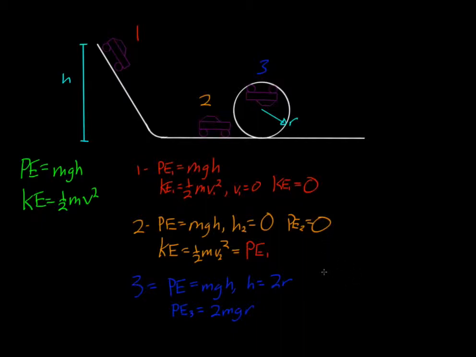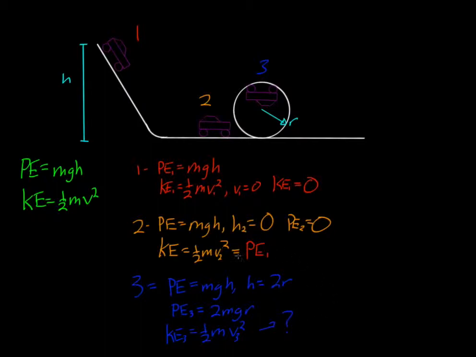Your kinetic energy at point 3 is 1/2 mass times velocity at point 3 squared. Keep in mind, we don't know what this is.